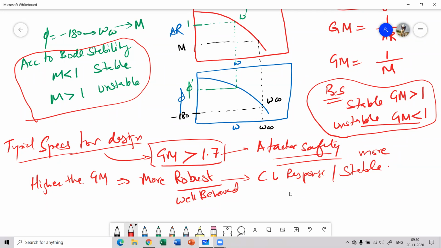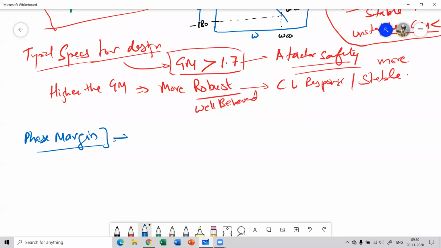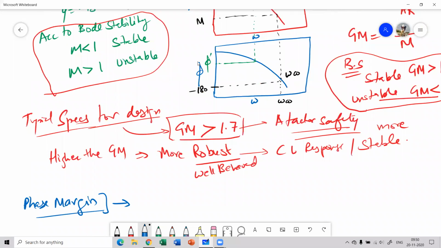The second term which comes over here is your phase margin. Now what is phase margin? Let's see. For phase margin, if we look at the figure which we have drawn previously, this difference is your phase margin.